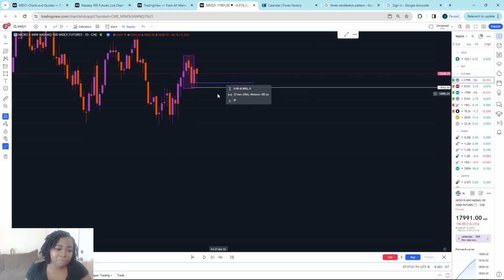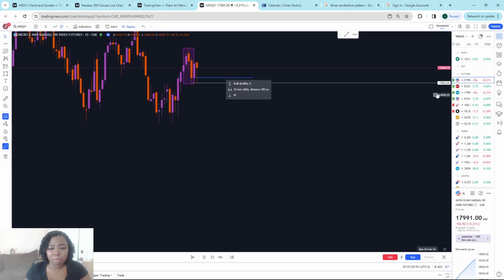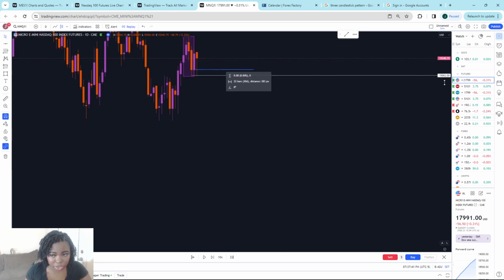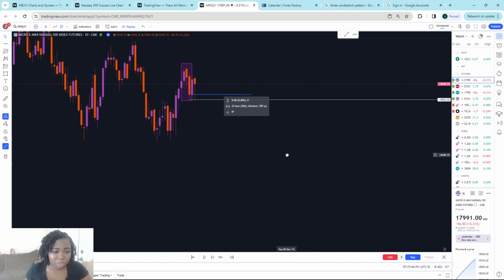Once I have the third candle's wick marked out, the next thing that I like to do is mark out the opening price of the following candle, so the fourth candle. So wherever that candle opens, wherever the body of that candle opens at, is where I would like to have that marked out. And as you can see, I have it marked right here.